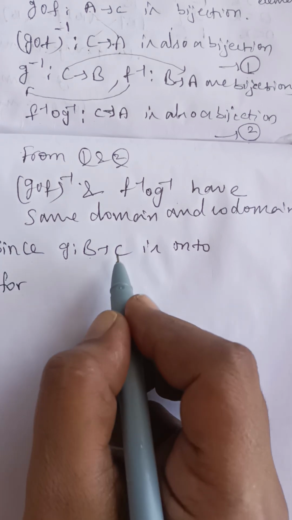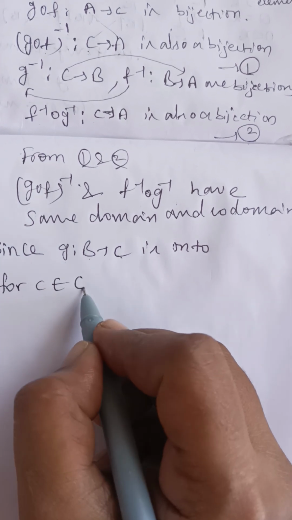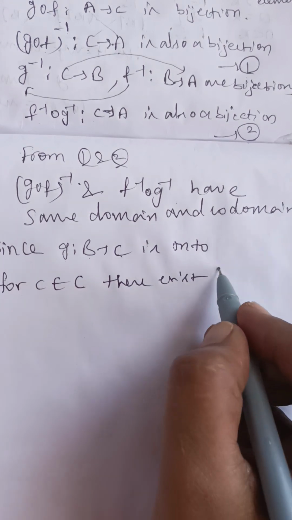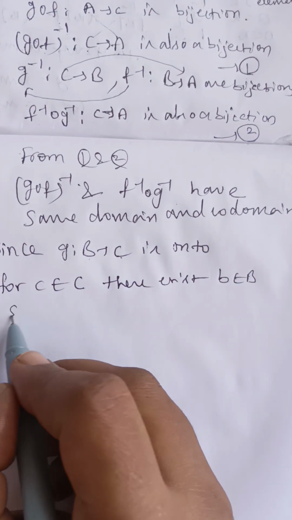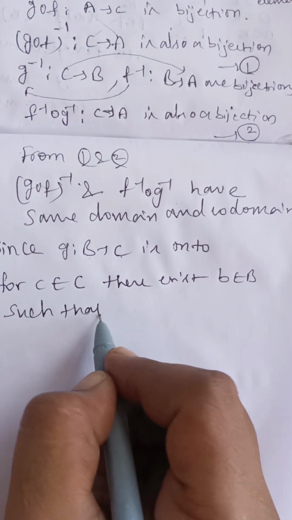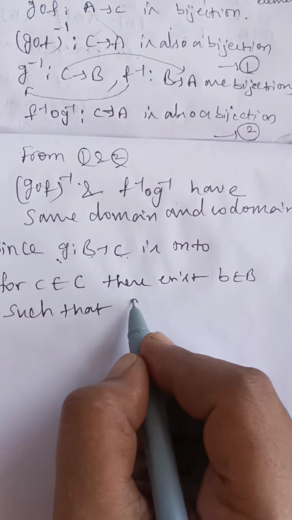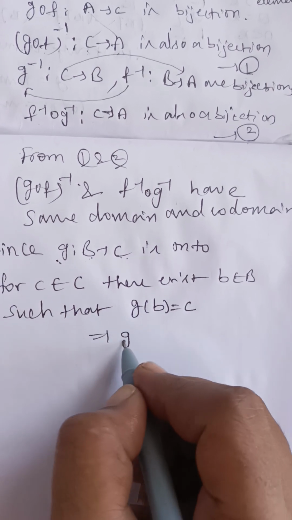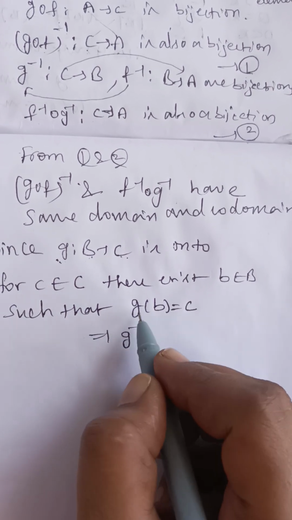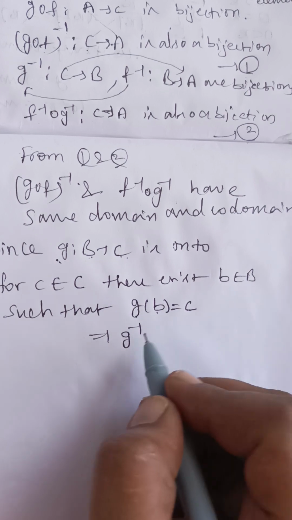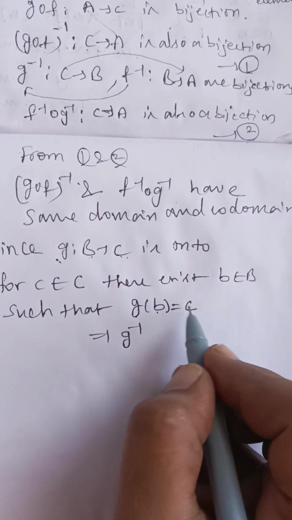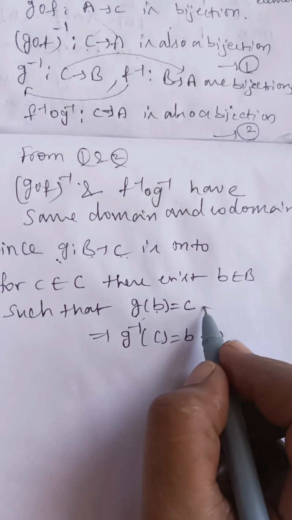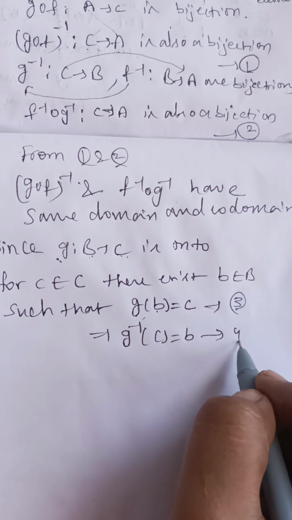So for c belongs to capital C, there exists an element b belongs to capital B such that G of b equals c. At the same time we can write the inverse function for this. So G of b equals c, then G inverse of c equals b. Let it be equation 3 and this is 4.